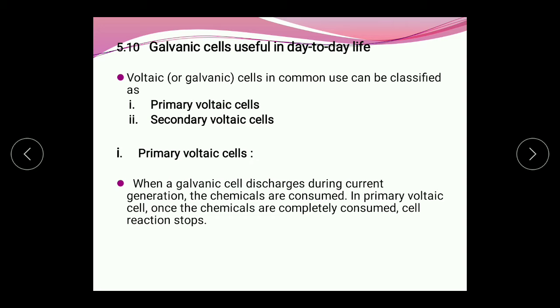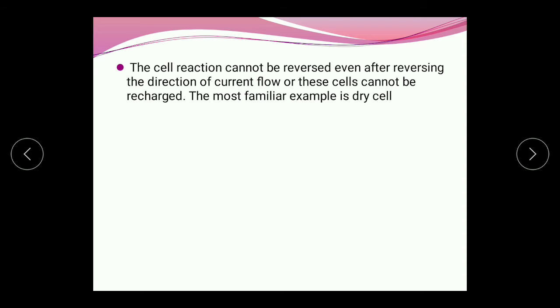In primary voltaic cells, once the chemicals are completely consumed, the cell reaction stops, and we cannot reverse that cell reaction, even after reversing the direction of current flow. That means, in short, these cells cannot be recharged.